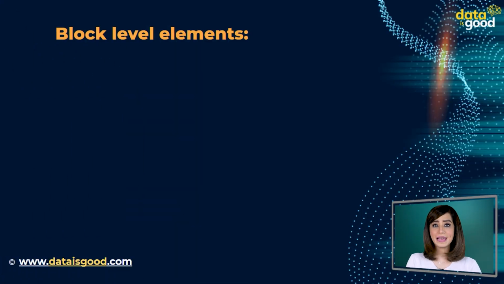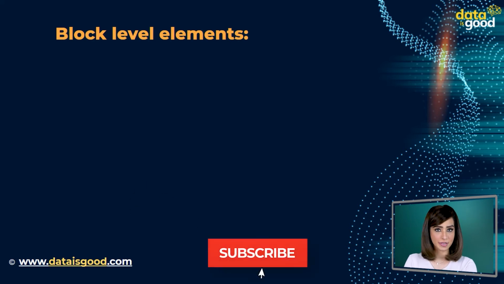In HTML, there are two types of elements, such as block level elements and inline elements. For the default display and styling purpose in HTML, all the elements are divided into two categories. So first, let's understand the block level element.